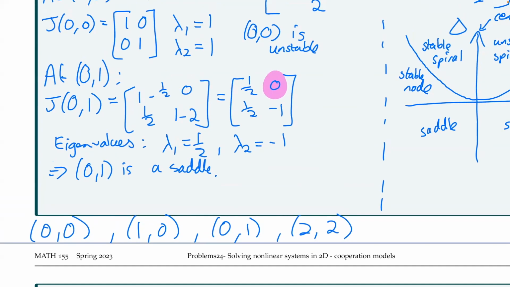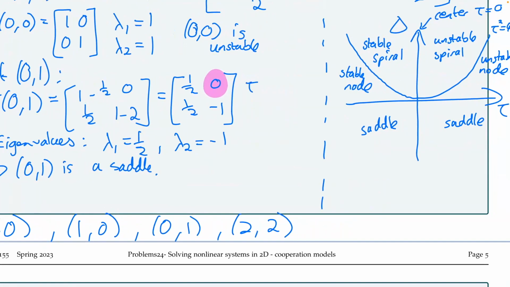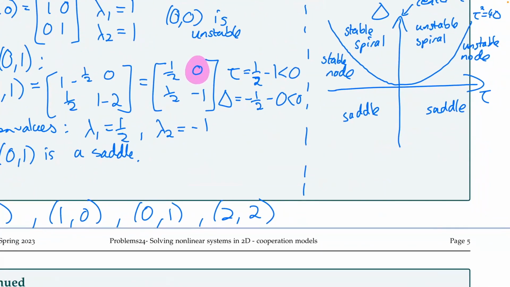Alternatively, the trace is a half minus 1, which is less than 0, and the determinant is minus a half minus 0, which is less than 0. So you're in the bottom region of the diagram, and you have a saddle.